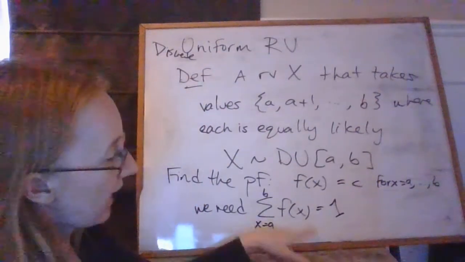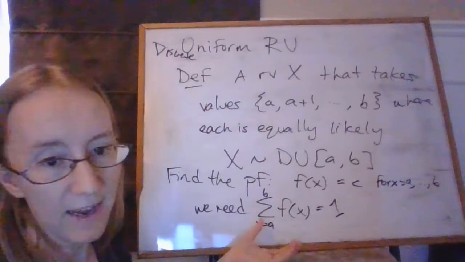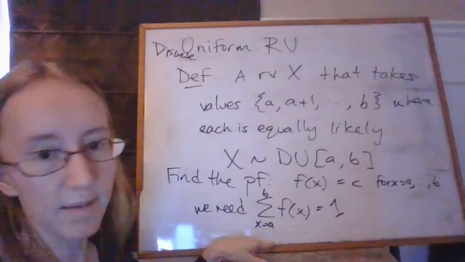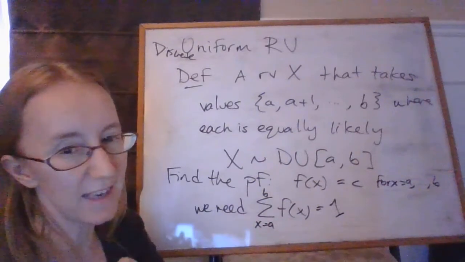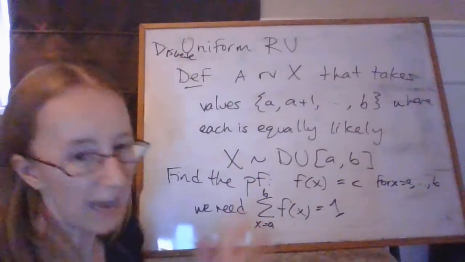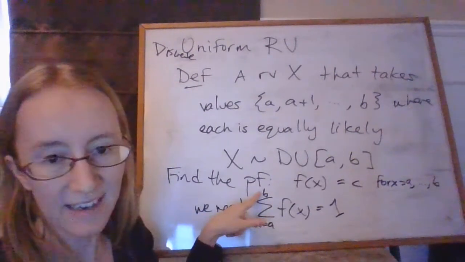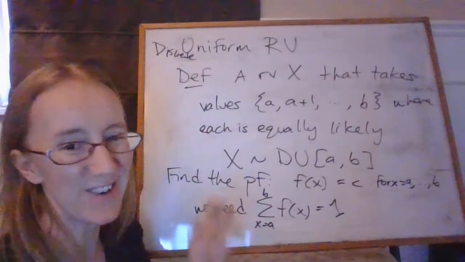And so, since every single one of these is the same, it's just a constant added up a certain number of times, essentially we want the number of terms in this sum times c to equal 1. So in other words, c is just 1 divided by the number of terms in the sum. So then how many is that? Well, if we're going from a up to b, your first instinct might be that there are b minus a terms in the sum, but that's not quite right.